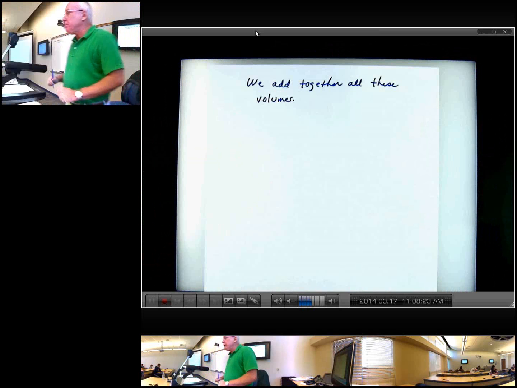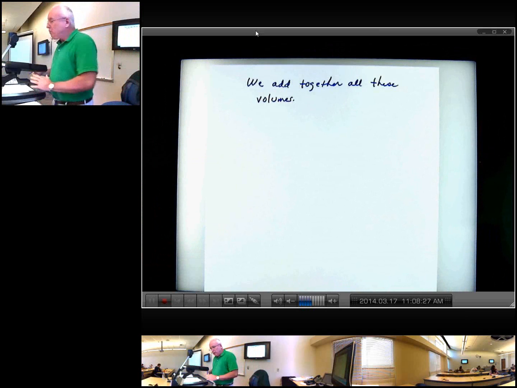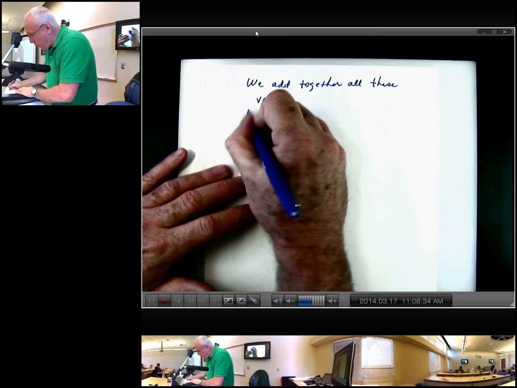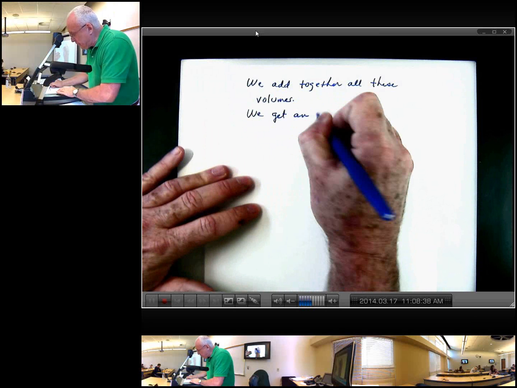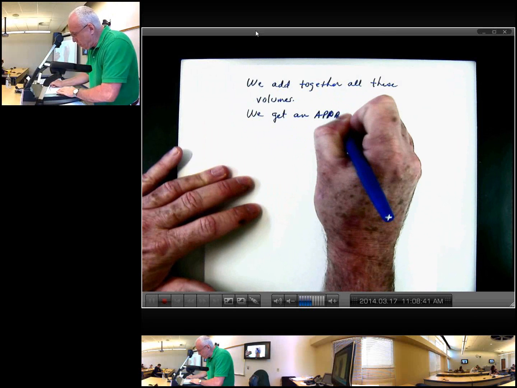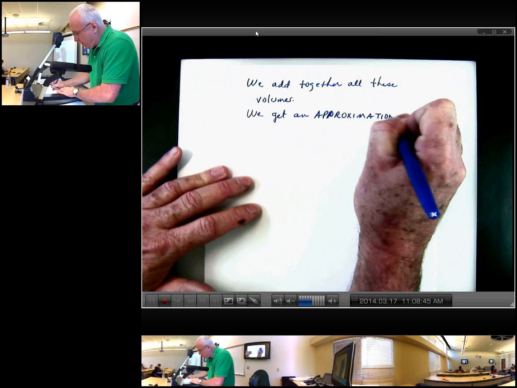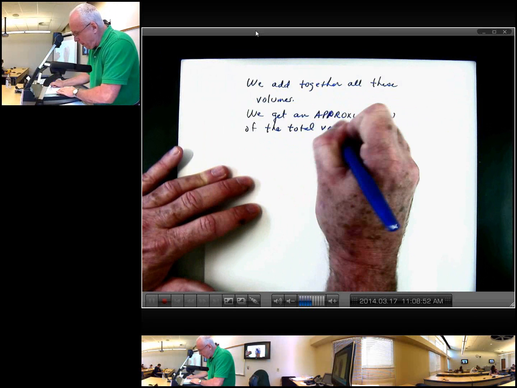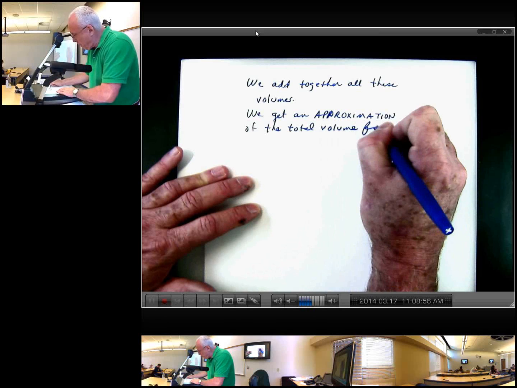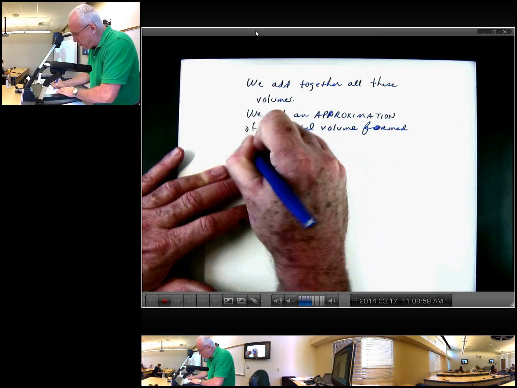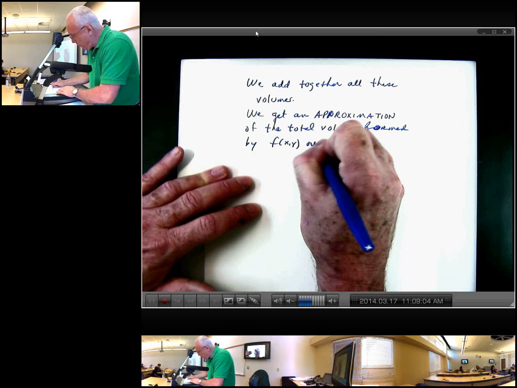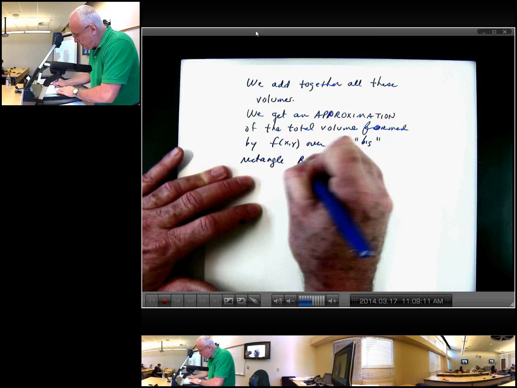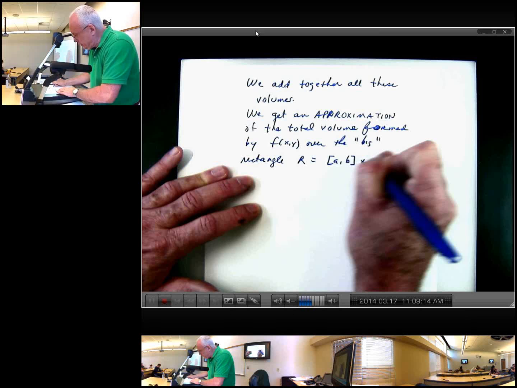And what we get then is an approximation of the total volume formed by the surface over our big rectangle, formed by our function f of x, y over the big rectangle R, [a, b] cross [c, d].